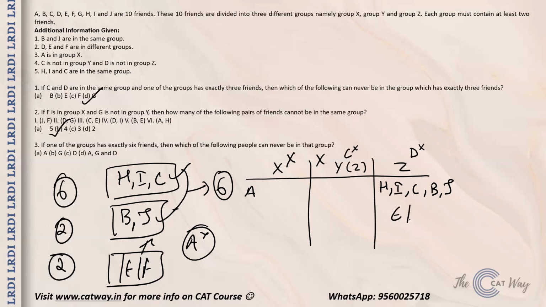So one among E or F will be the 6th person over here. That means A, G and D, these 3 people never have the possibility of acquiring a position in that group. So the correct answer will be AGD, that is option number D.